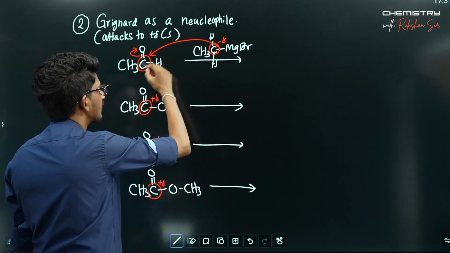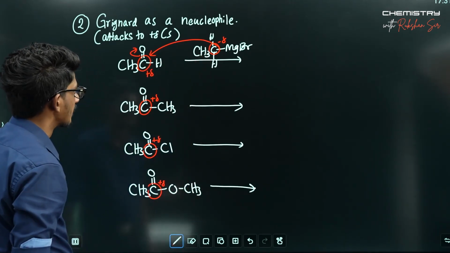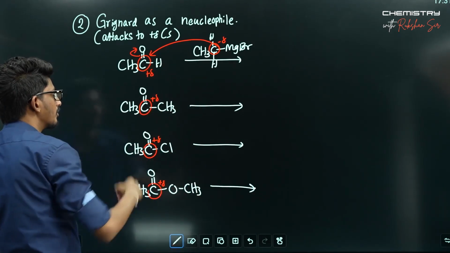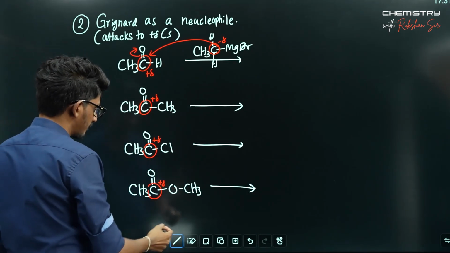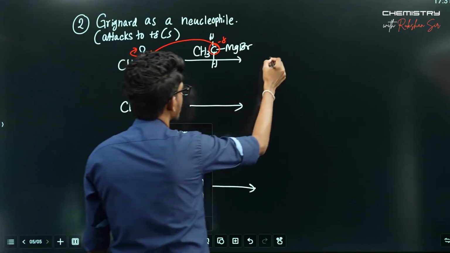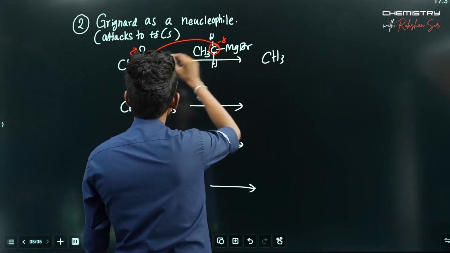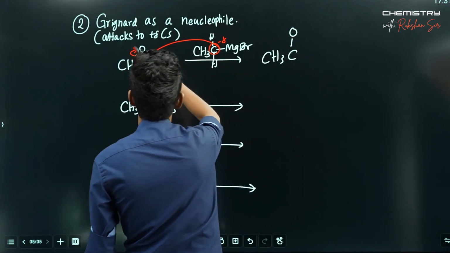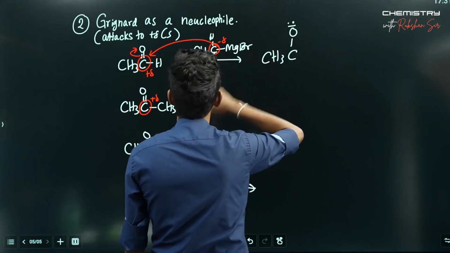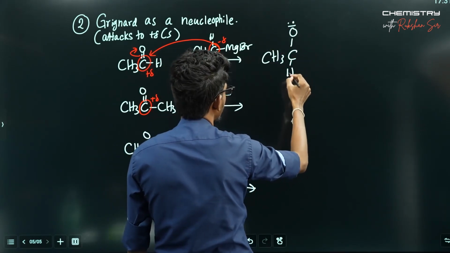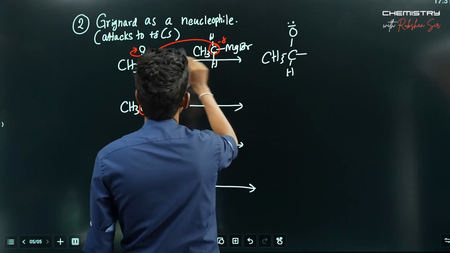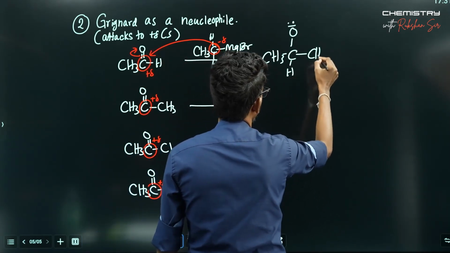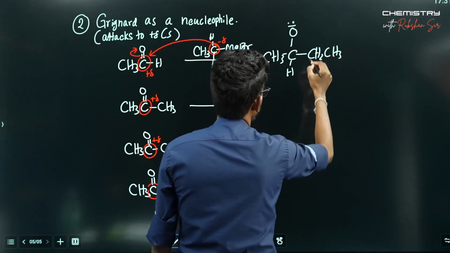So these two carbons will get connected by this nucleophilic attack on a delta positive carbon. So what will be the end product? As these two carbons are going to be connected with each other, I'll write the hydrogen here, and this carbon will connect, carrying two hydrogens, the CH3.